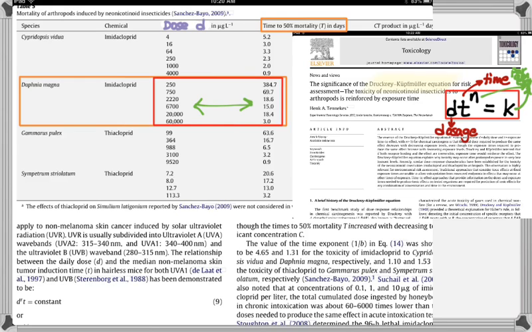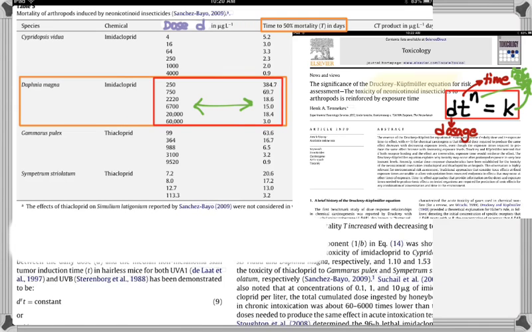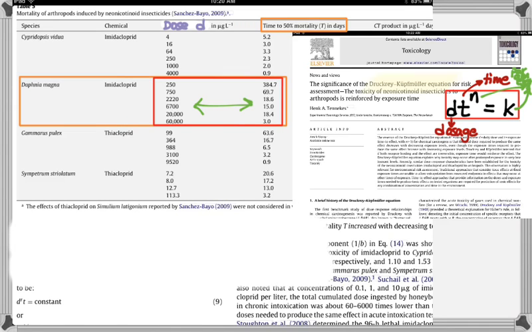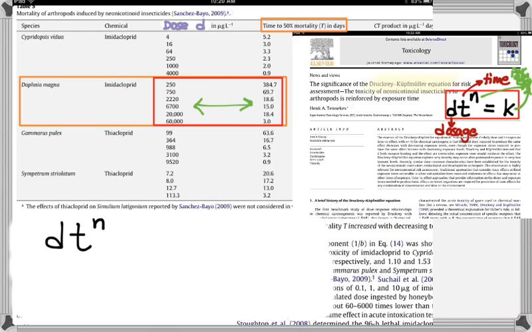But before we can do that, if we want to use a linearized relationship to investigate the values of those parameters n and k, we first have to linearize the Druckrey-Kupfmuller equation, D t to the n is equal to k. And the group that's working on question K4 with the carrying capacity of a biological population, this question is kind of directed at you.